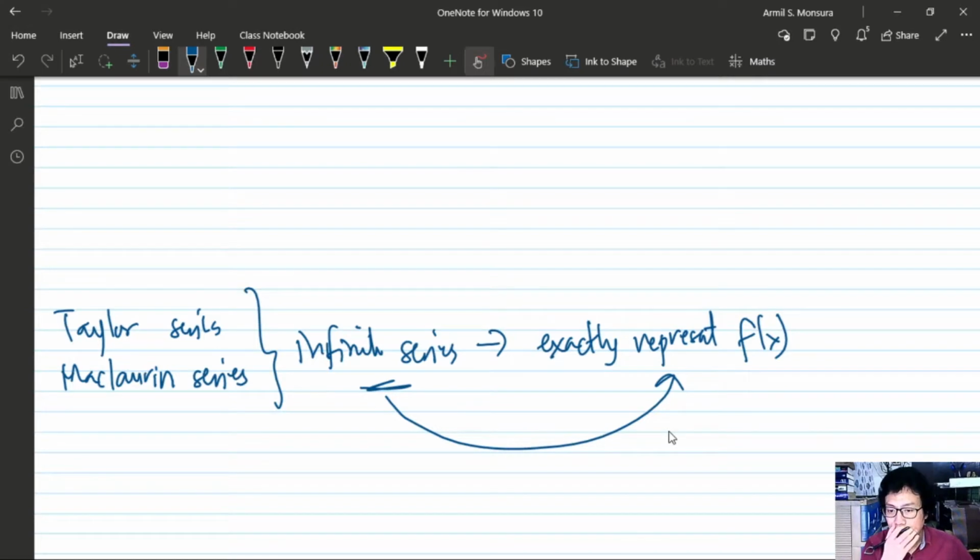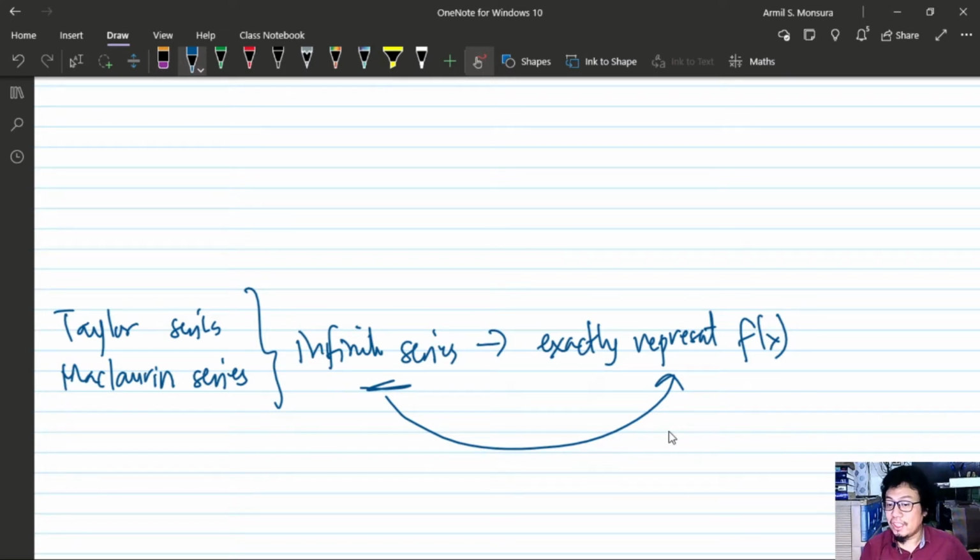A power series is one of the ways in which we can re-express your f of x in another form. We will do that again in the future, for example when we study Fourier series.